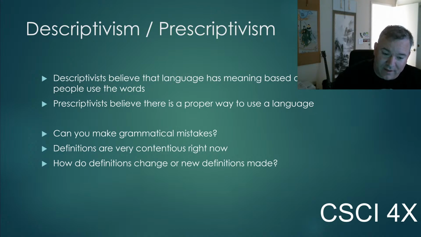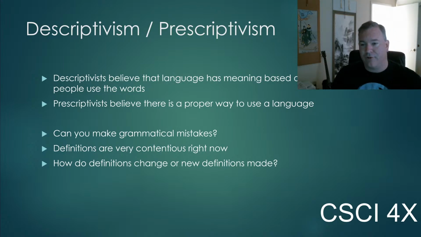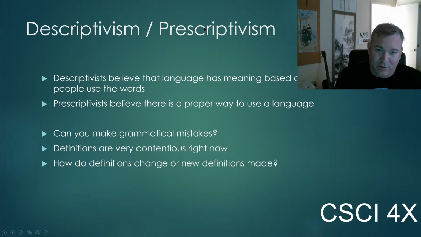It's the is side of the is-ought problem. So descriptivism is that language should reflect how people use it rather than how experts say. Prescriptivism is experts, you get a dictionary, here's what the word means. Descriptivism is the notion that words mean things based on how people use them. And so language is very fluid, it changes all the time.